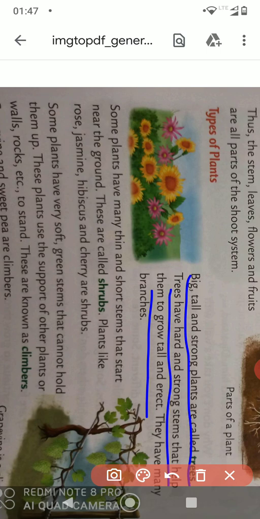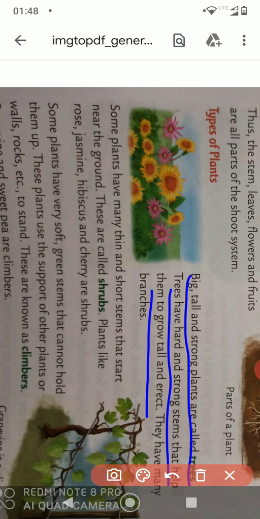They have many branches. So whenever you see trees, they have many branches, because as you see the neem tree, the apple tree, the neem tree we have in our school, you must have seen they have so many branches. The mango trees, the imli trees, they all have different branches.